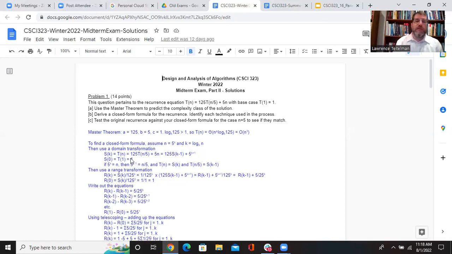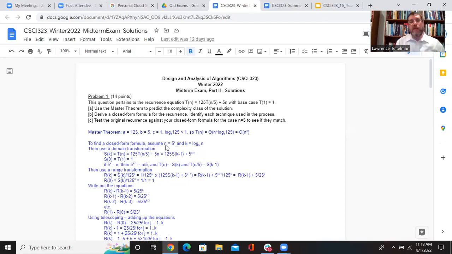So we're going to rewrite this equation as a function of k, as a function S of k. Instead of 125 T of n over 5, let's say 125 S of k minus 1. Why is it k minus 1?